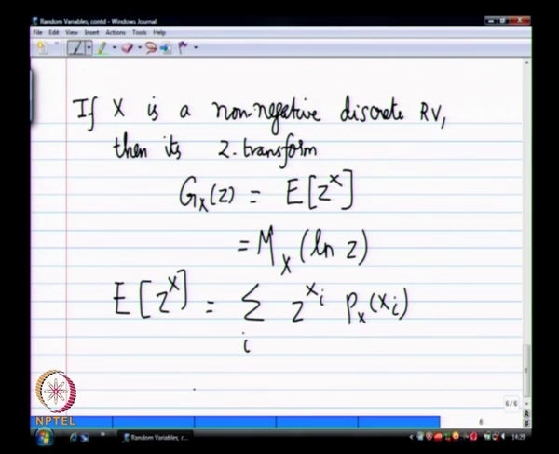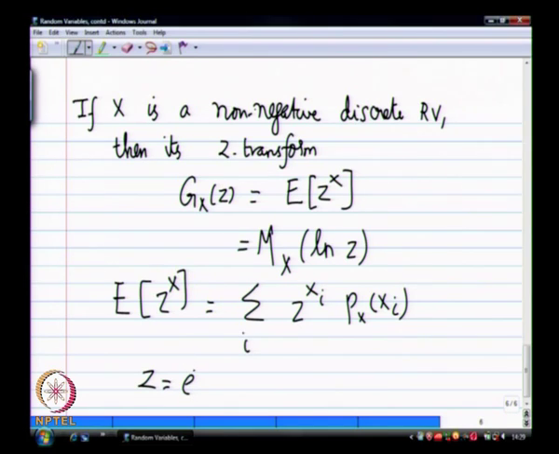Now this I can write in terms of my exponent. So can I write z in terms of e? What is z in terms of e?